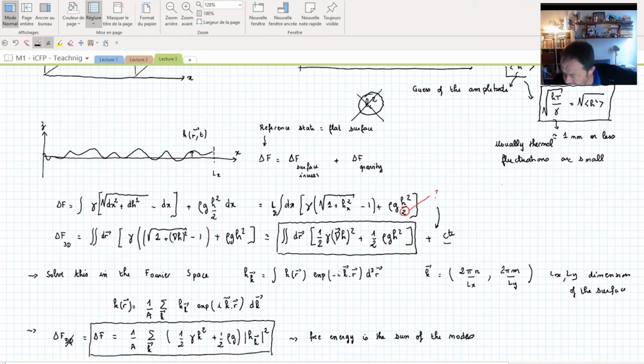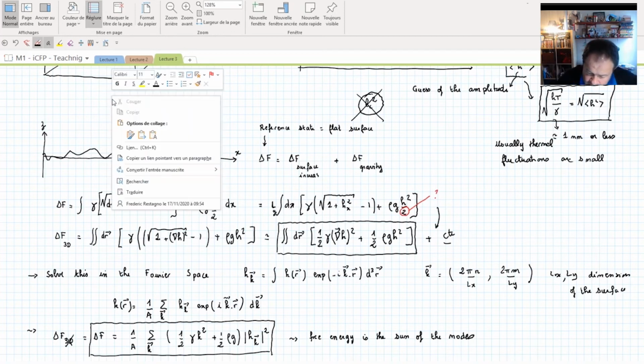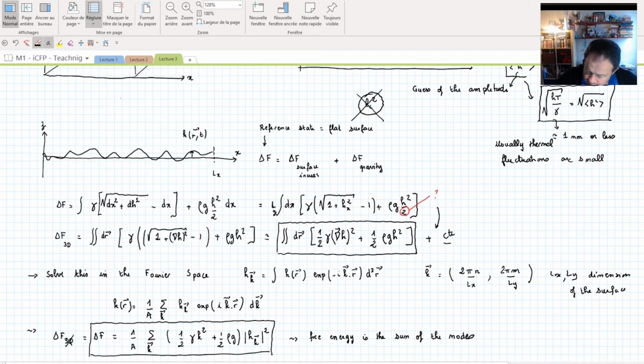What I said here is just that when I have a surface of height h, the position of the center of mass is h over 2, and the mass is rho dx h.